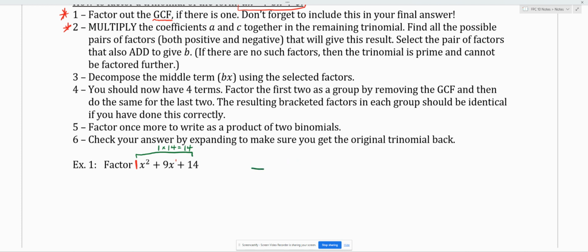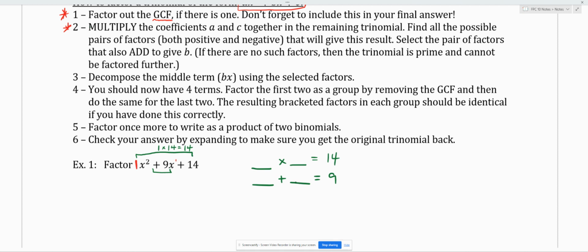We're going to find two numbers that multiply to give us 14, while simultaneously finding those two numbers that also add to our middle coefficient, the +9. So we need two numbers that multiply to 14 while simultaneously adding to 9.